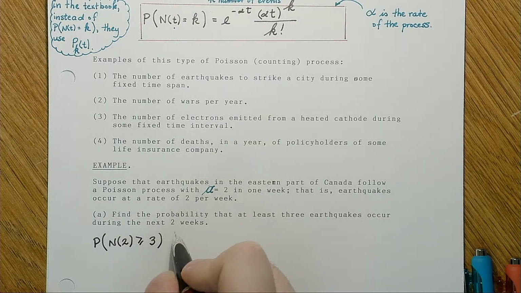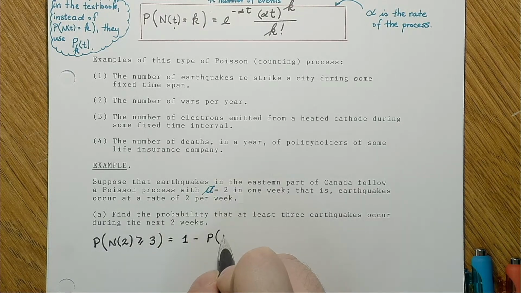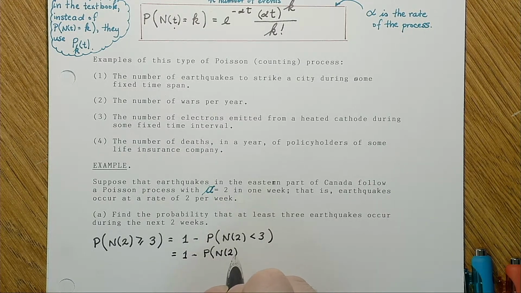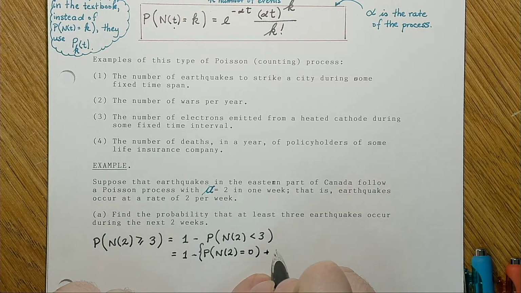The way that we could do this is 1 minus the probability of N2 less than 3, which means that we need it equals 0, plus, I need to consider the case where it's equal to 1.